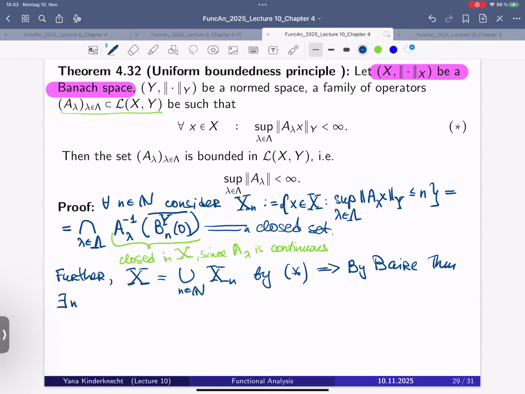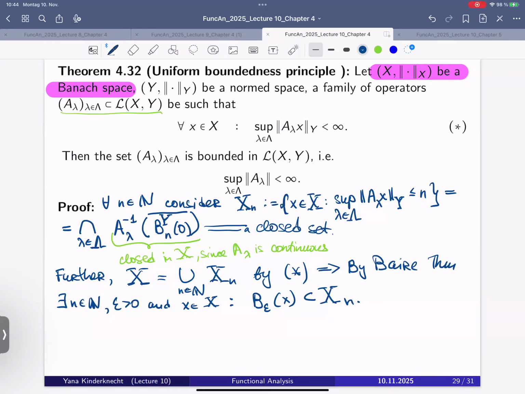So by the Baire theorem, there exists a natural number n, epsilon positive and x in X such that the whole open ball of radius epsilon around x is a subset of X_n.